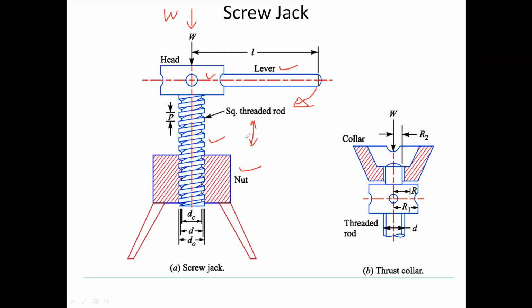Okay. Now here, one more thrust collar is also mentioned here. What is this thrust collar? So this particular part is required. Why? Because here on this head, if you just keep screw jack like this, what will happen?